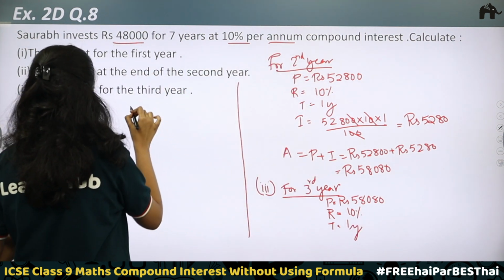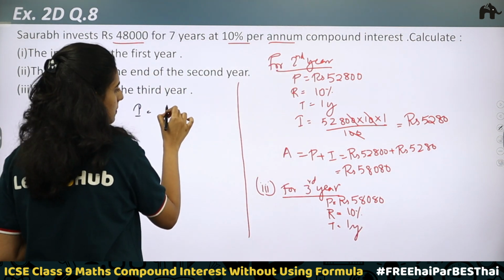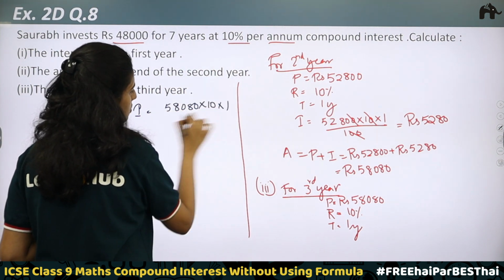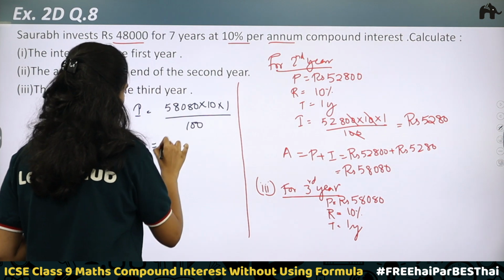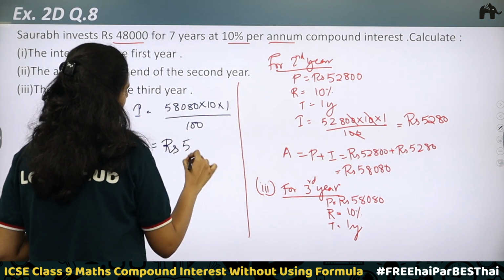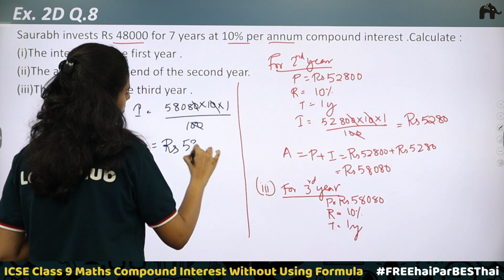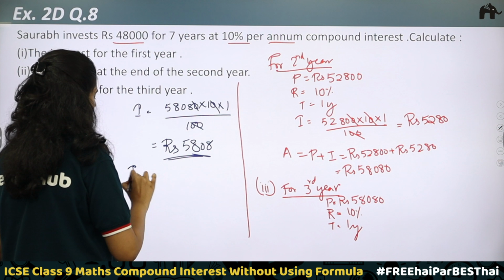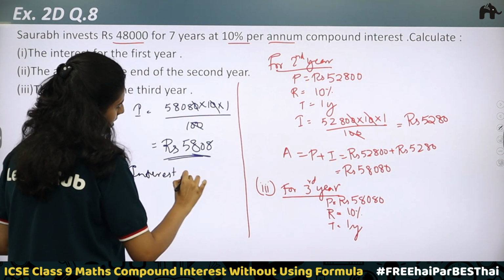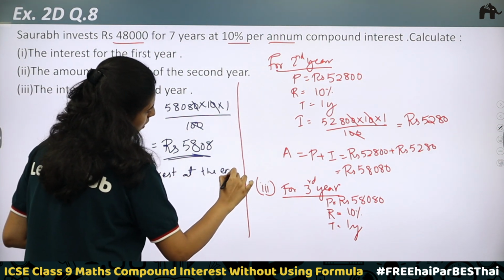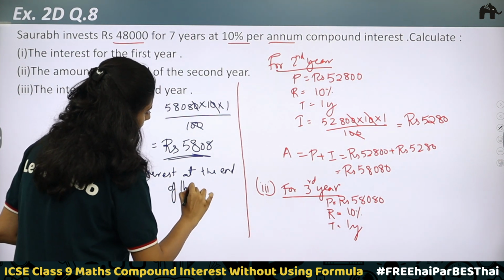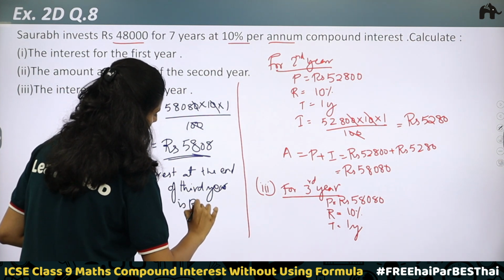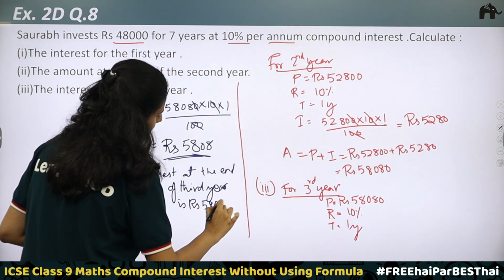Then the interest will be equal to principal 58,080 into 10 into 1 divided by 100, which is equal to rupees 5,808, cancelling the zeros. So this is the interest at the end of third year, rupees 5,808.